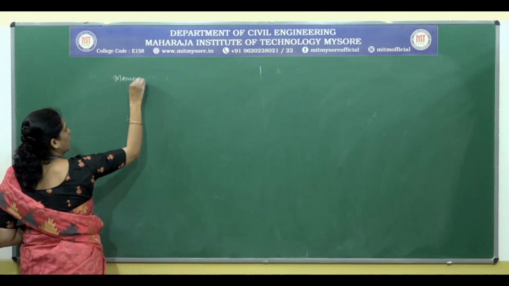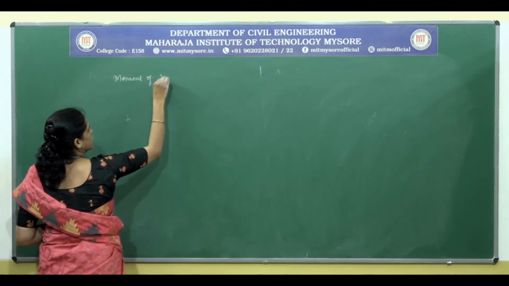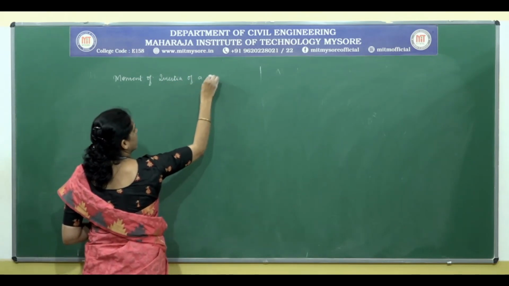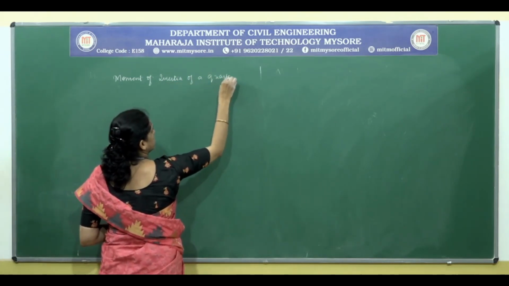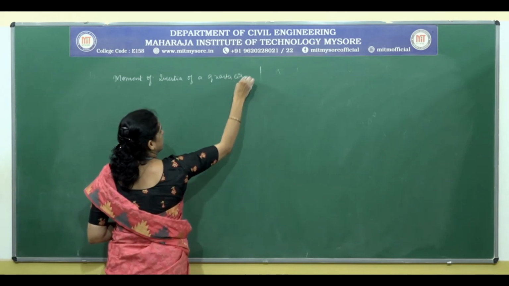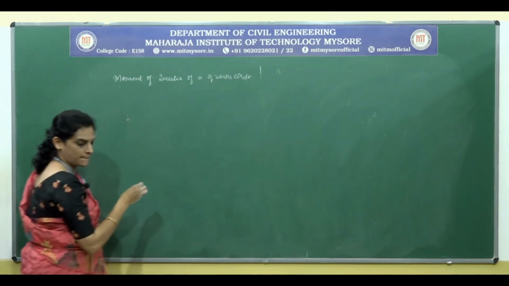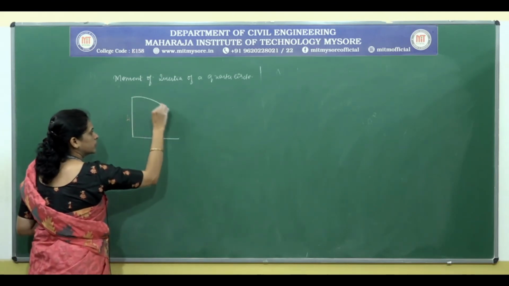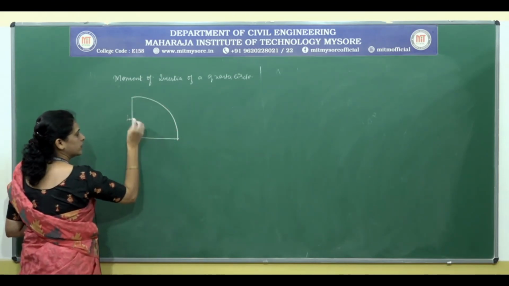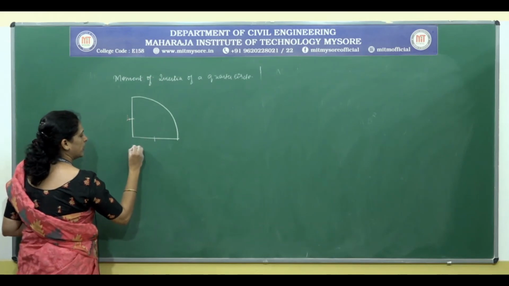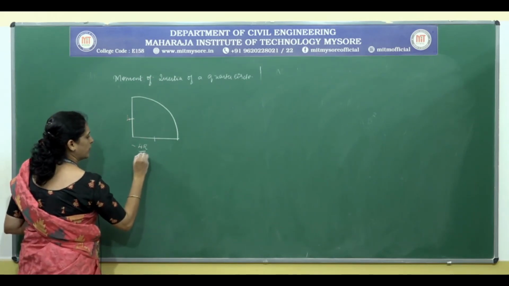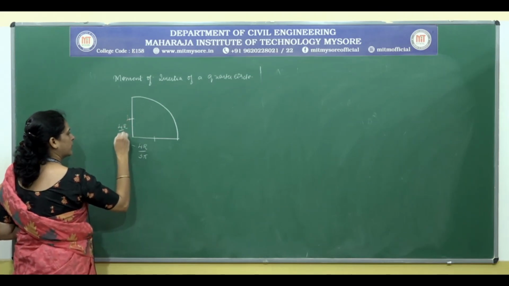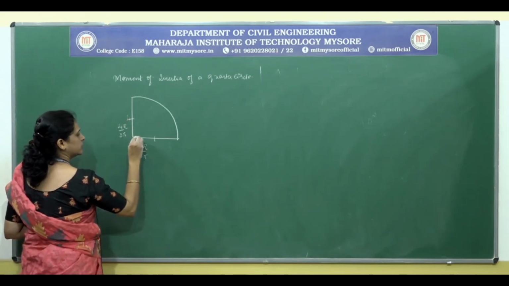Lastly, moment of inertia of a quarter circle. So, we will consider the quarter circle, the centroid being 4r by 3 pi and 4r by 3 pi from either ways.